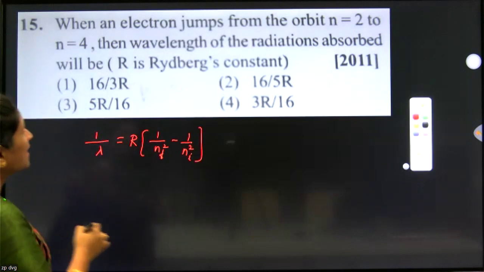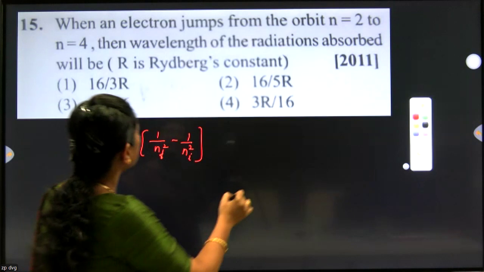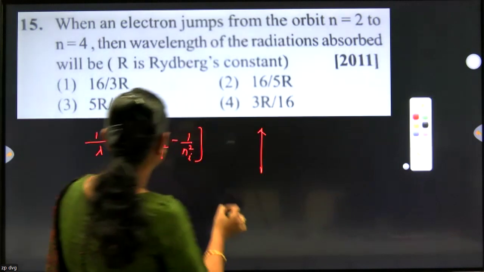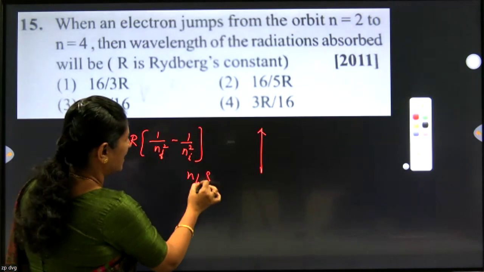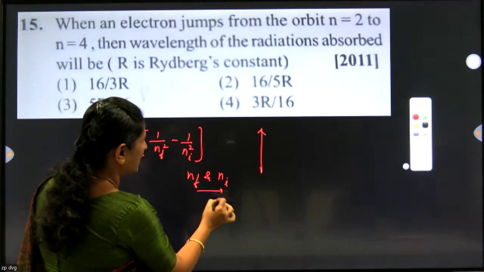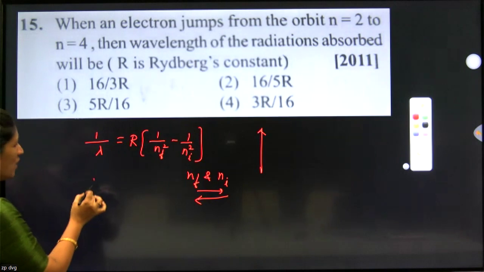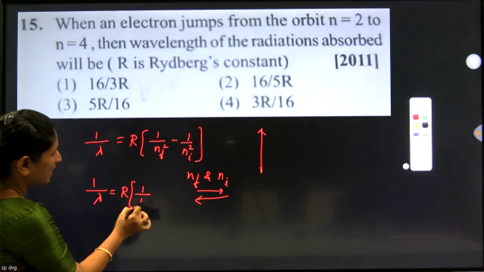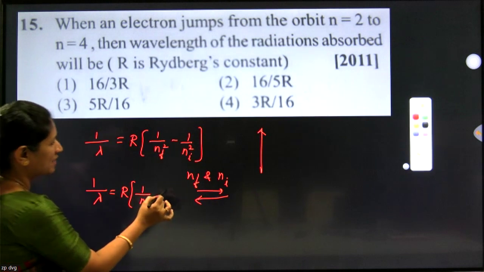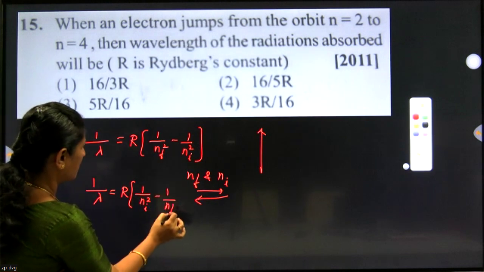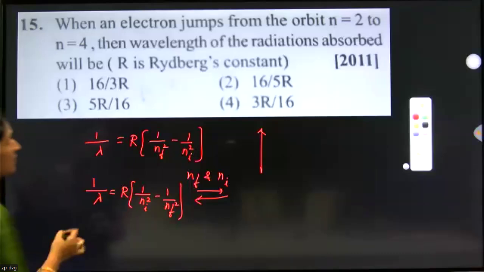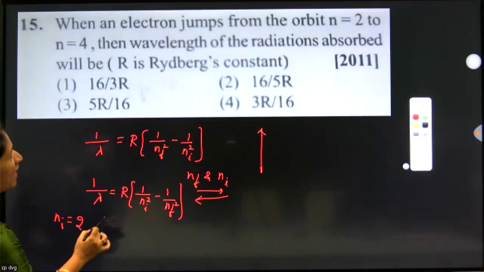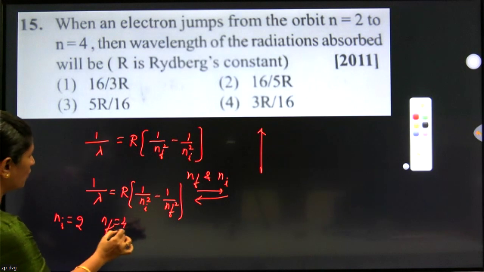Here, the transition is from lower energy to higher energy. Therefore, nf and ni can be interchanged. So 1 by lambda is equal to R into 1 by ni square minus 1 by nf square. Ni is 2 and nf is 4.